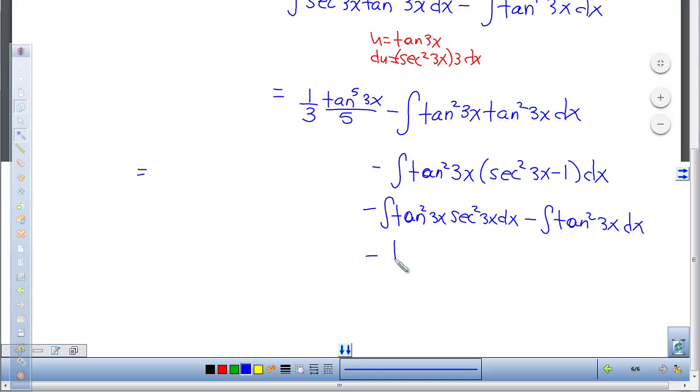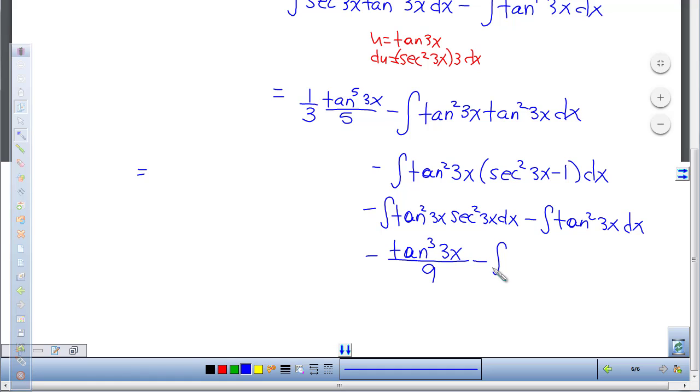So tangent cubed 3x over, did you say 9? Yes, over 9, allowing for the 1/3. The derivative is secant squared. Very good. All right, excellent. Over 9. And then we still have minus the integral of tangent squared 3x dx.